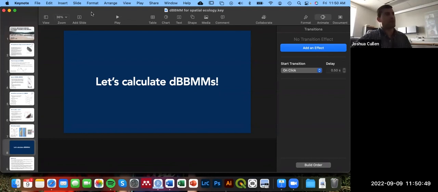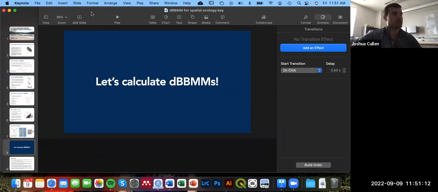So how much of this protected area is this individual actually using? And essentially, since these utilization distributions are probability densities, you can say 95% or like 72% of the area used falls within this polygon, essentially, of this protected area.